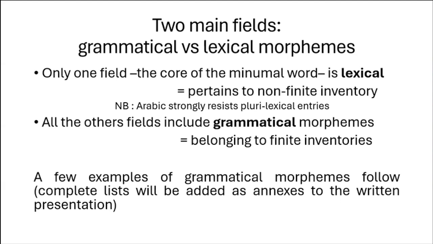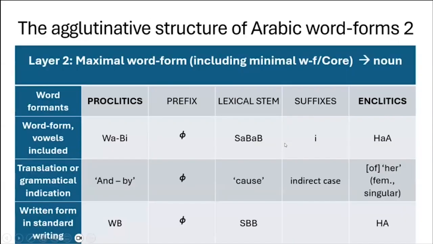You can at least partly answer after this presentation, if I have been clear enough. The other field includes grammatical morphemes. That is, if I go back to here, proclitics and prefixes, suffixes and enclitics are grammatical morphemes, and only the center, that's the core, is lexical.